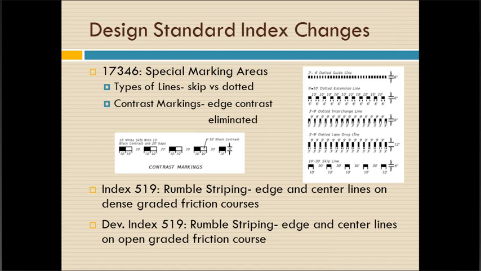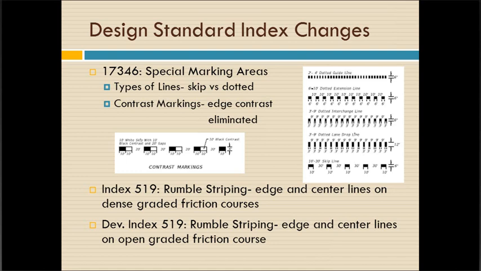We're going to treat it as a developmental index. The index that's included with your plans has a specific stop condition. We've started off at 5/16 of an inch. And if we find that 5/16, we're going to review the projects. That's why it's still developmental.